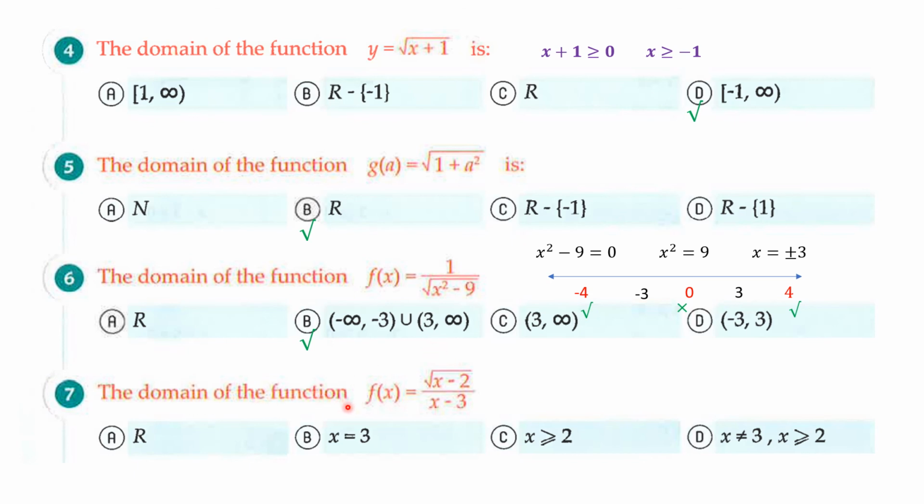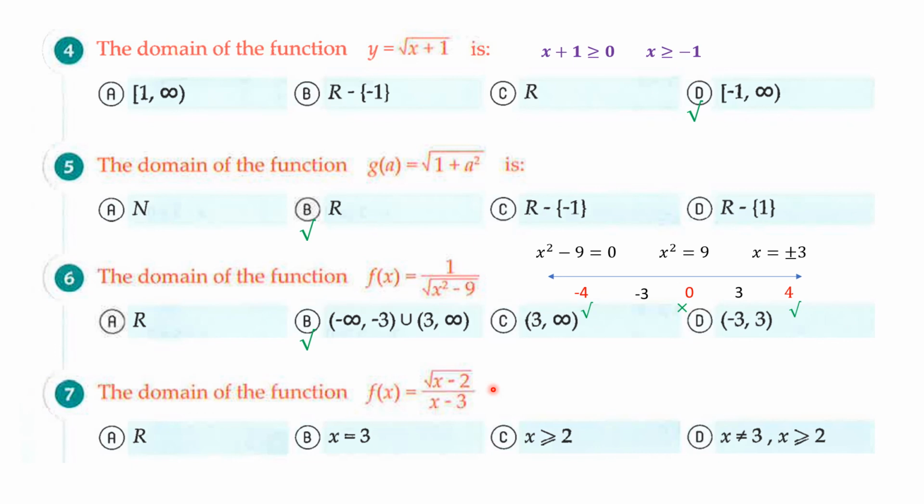The domain of the function. So let's try to find which x's from the answers are excluded. Definitely it's not A, and probably, yeah, x cannot equal 3 because of the denominator. But watch out. There is a radical in the numerator. I cannot have a negative under a radical, right? And this is a numerator.